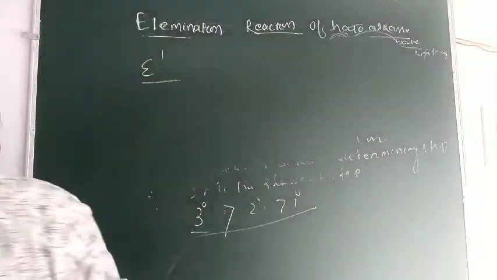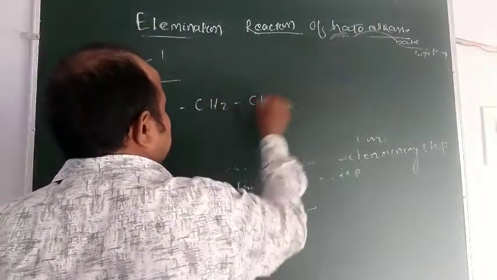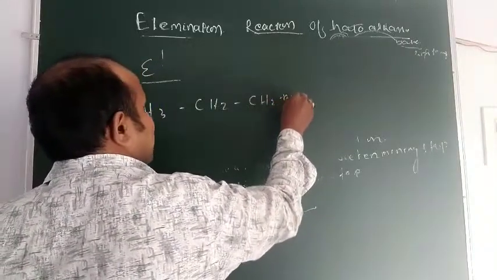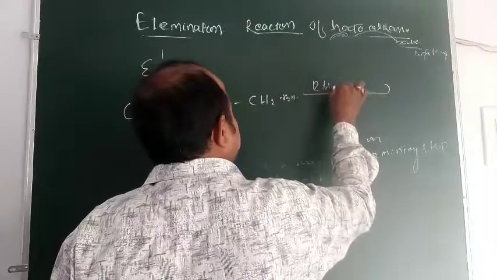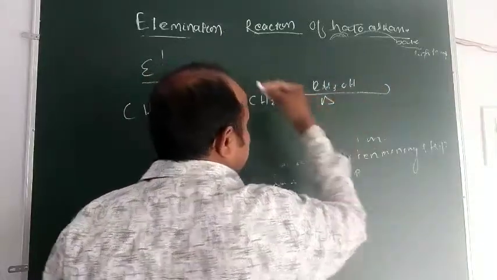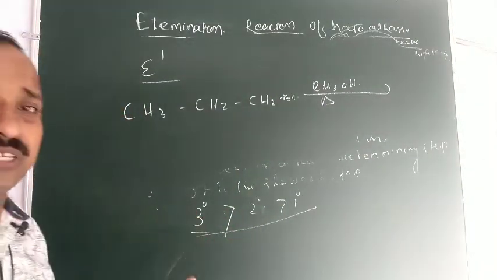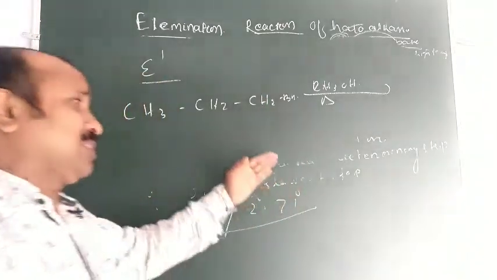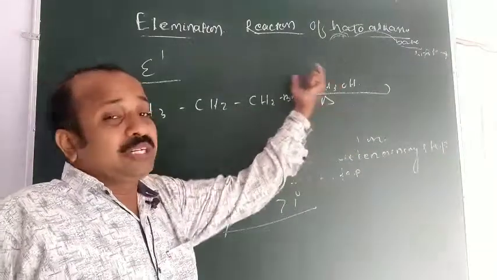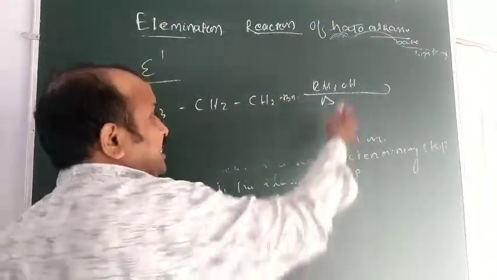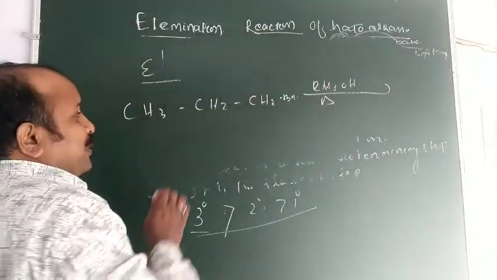For example, suppose CH3CH2CH2Br in the presence of weak base CH3OH with heat. Heat is the necessary part for the elimination reaction, because only at high temperature is there a chance of elimination, but at low temperature it acts as a nucleophilic substitution reaction, acting as a nucleophile instead of a base. If it acts as a base, it attracts the beta hydrogen.